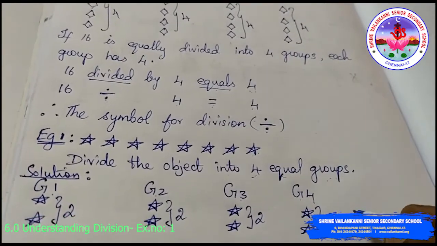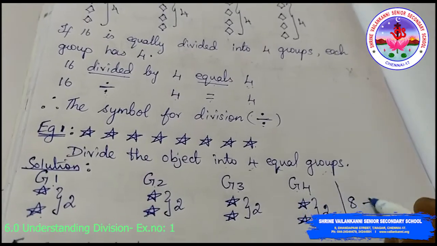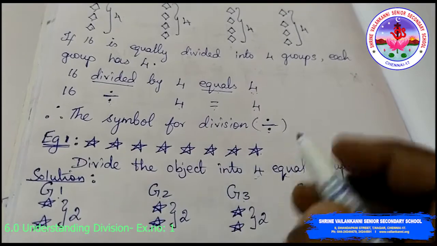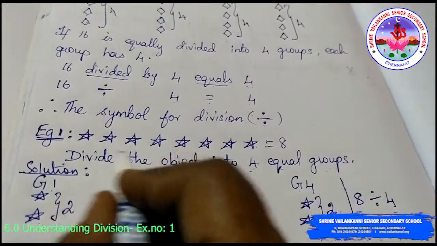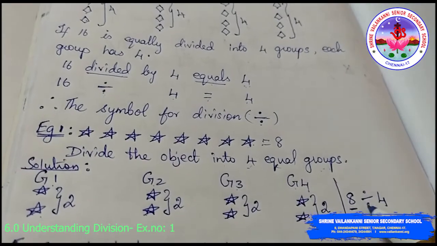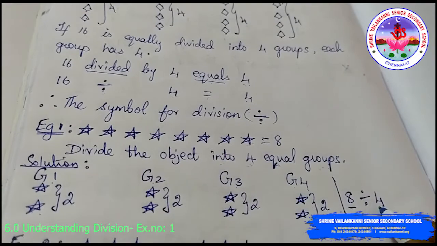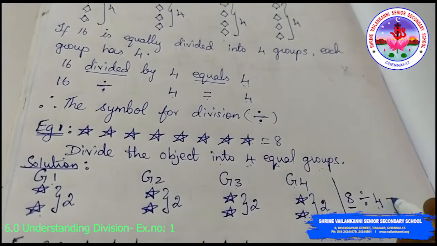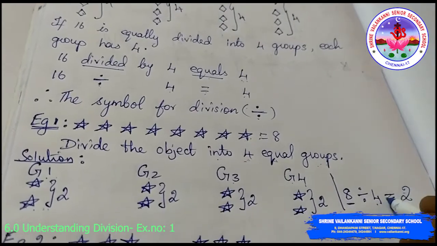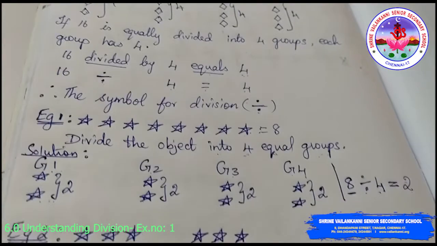This can be written as 8 divided by 4: these 8 stars divided into 4 equal groups, which gives each group 2. So 8 divided by 4 gives 2.